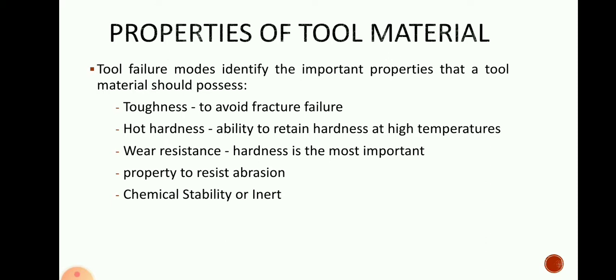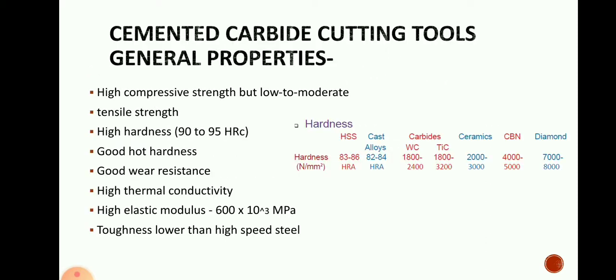Wear resistance should be good, because otherwise the tool will wear very fast and it will reduce the life of that tool. Next, the property to resist abrasion. Similar to wear, it should have good wear resistance as well as abrasion resistance. Next, chemical stability: it should be an inert material and should not react chemically with the material to be cut. Those are the properties of a tool material.